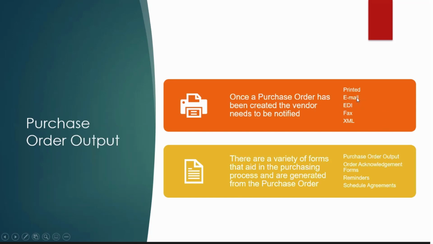This format is used for electronic documents, and they call it electronic document interface. You can fax it, and you can also use XML. XML is very much used, especially in B2B solutions, when there is a business-to-business solution.